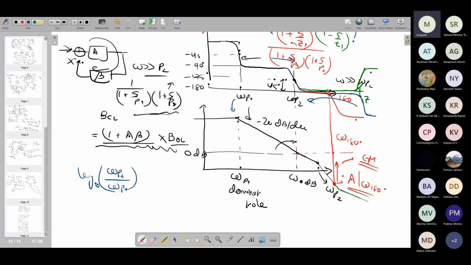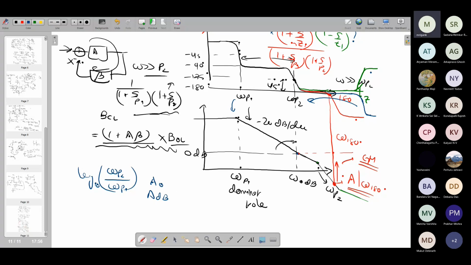What we want is that your open loop gain without the feedback, that is A naught, in terms of dB, whatever A dB, this is the dB gain. By the time you hit omega p2, your gain should drop to 0 dB.